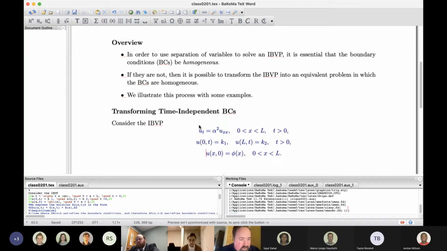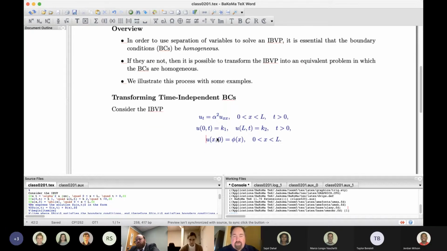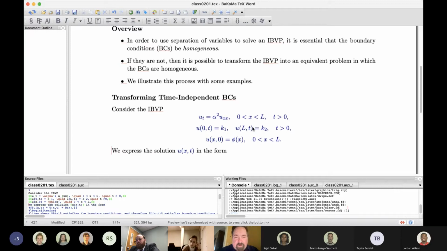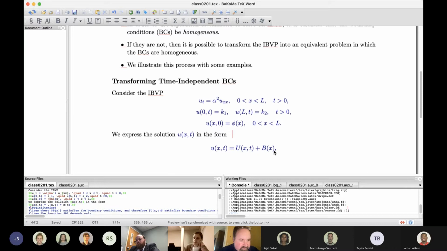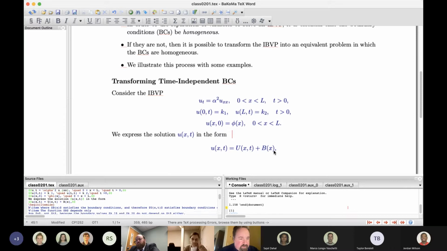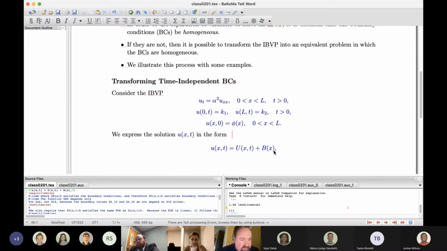So how do we transform this problem into an equivalent one where these boundary values will be 0? The way we do it is we break up the solution into two parts. The solution little u of our original problem is broken into two terms: capital U(x,t), which is what we'll actually solve for, plus some function capital B(x) that we're going to find based on the boundary conditions.